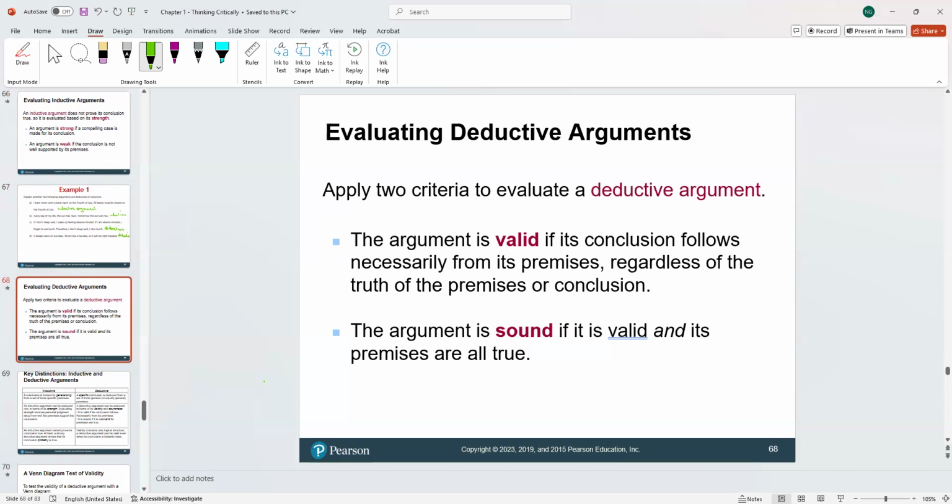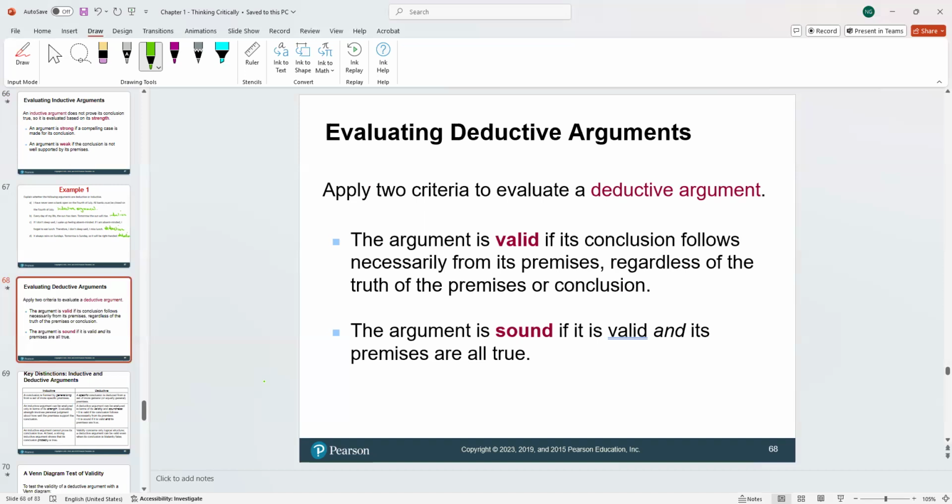We apply two criteria when evaluating deductive reasoning. The first criterion: we check if the argument is valid, if its conclusion follows necessarily from its premises, regardless of the truth of these premises or conclusion.